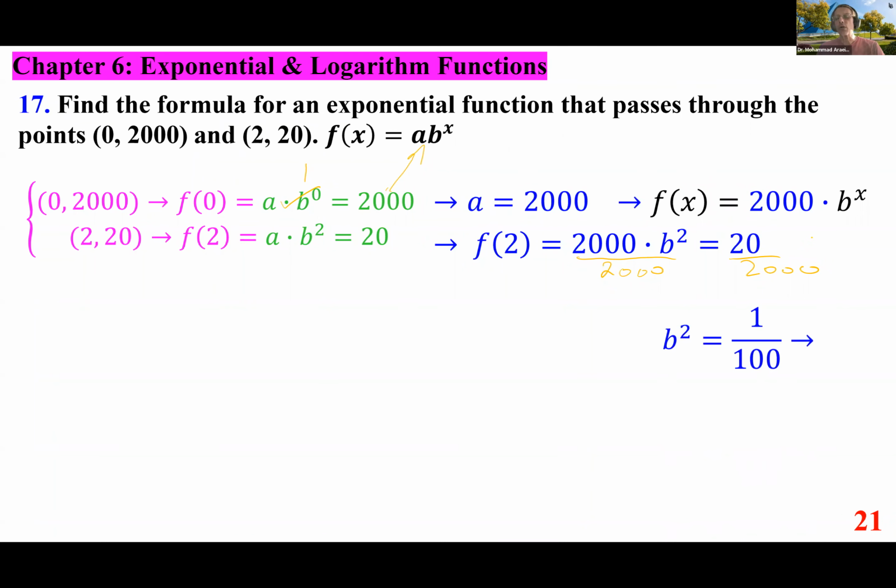Gives us 1 over 100. B has two answers, 1 over 10 and negative 1 over 10, but we only keep the positive because of the restriction for exponential functions where the base must be positive, and therefore f(x) is 2000 times 1 over 10 to the power of x.